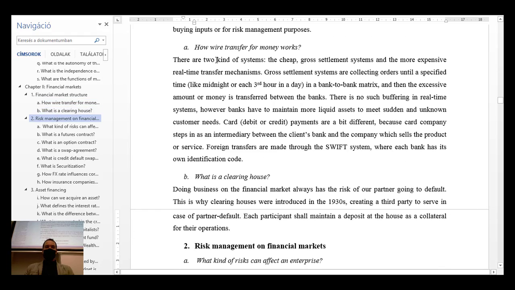Then, another topic. How does a wire transfer work? Usually we take it for granted, or in many cases people say this is the territory where blockchain will appear, and maybe blockchain can make things more standardized and easier.